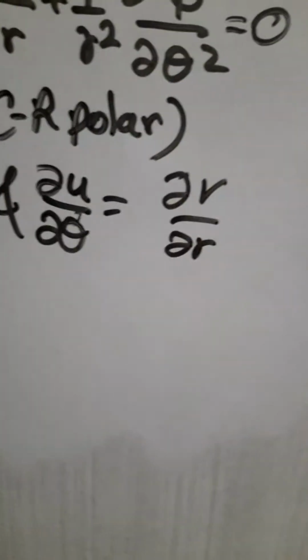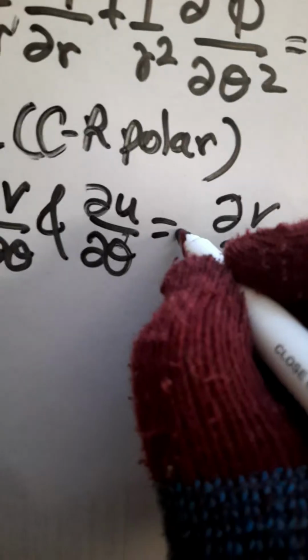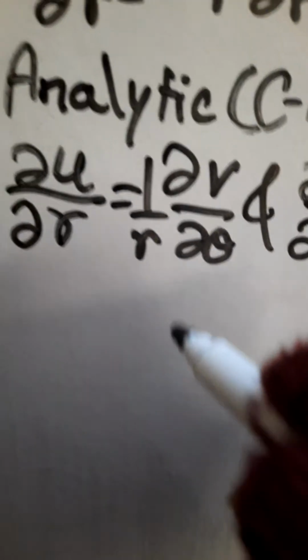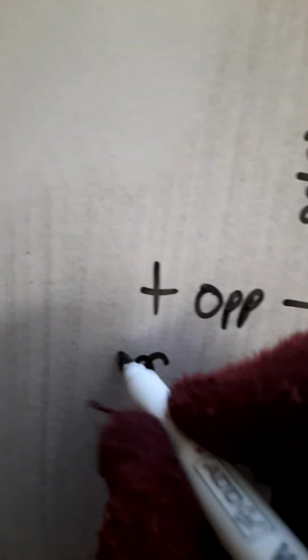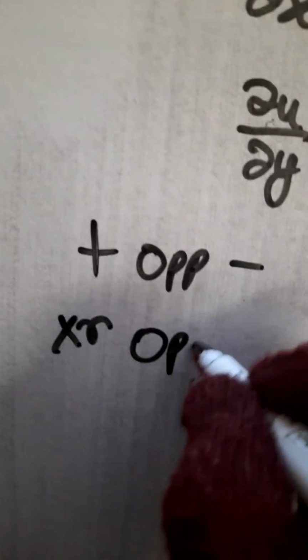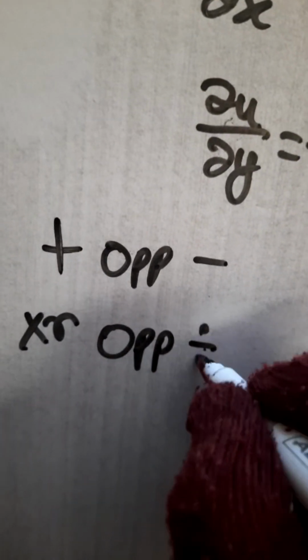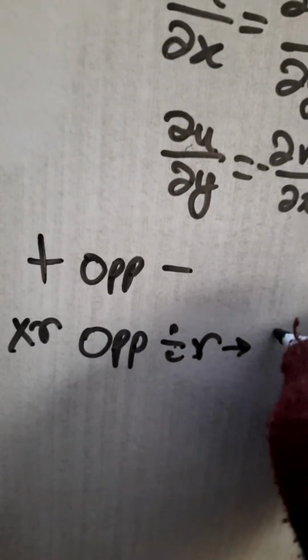Now when we do the opposite of it, we put a minus sign, and since here it was 1 by r, the opposite of that is r. Positive's opposite is negative, and multiplied by r's opposite is divided by r.